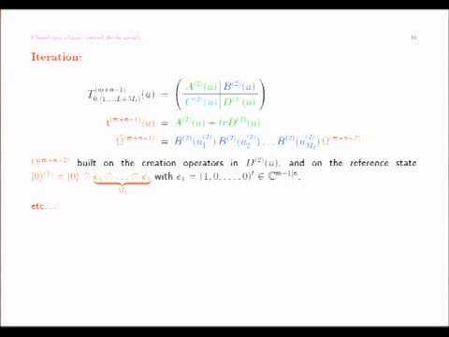But now the reference state will not be only 0, but 0 tensor all the highest weights coming from the fundamental representation you had in this new chain, the new sites you add. And then you can iterate.